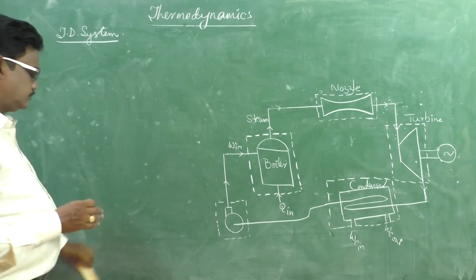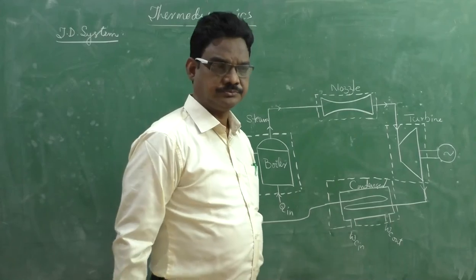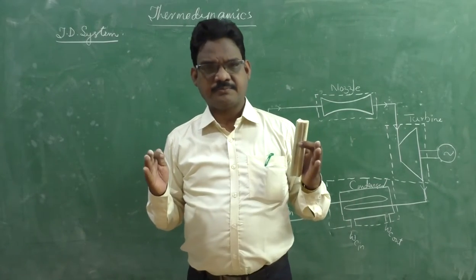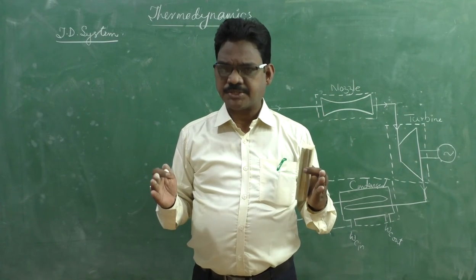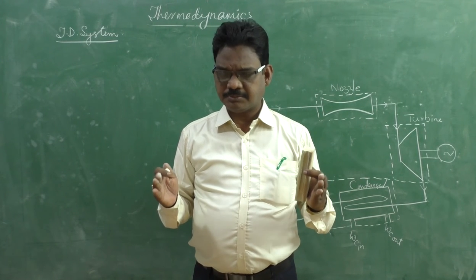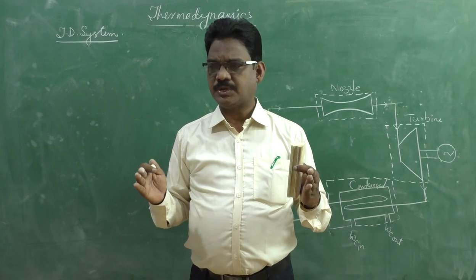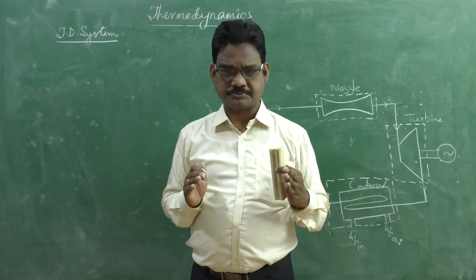note down the boundary of the system. The imaginary line or imaginary surface in between the system and surroundings is known as the boundary of the system.